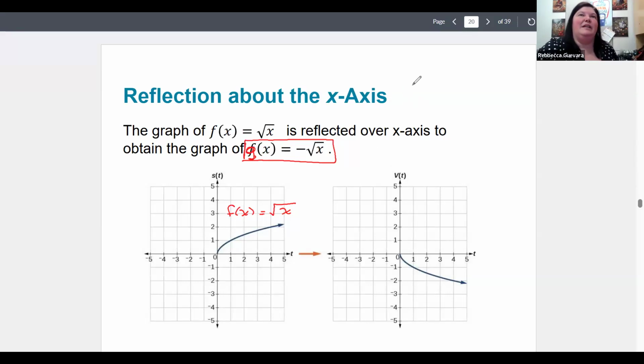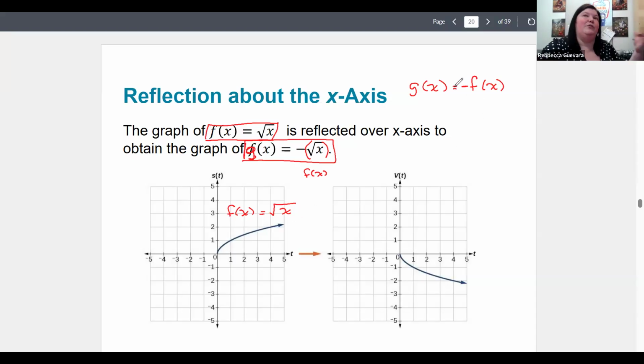Then g of x is just the square root of x, but with a minus in front of it, because we recognize that this part is just f of x, which we have up here to help you go backwards if you need to.